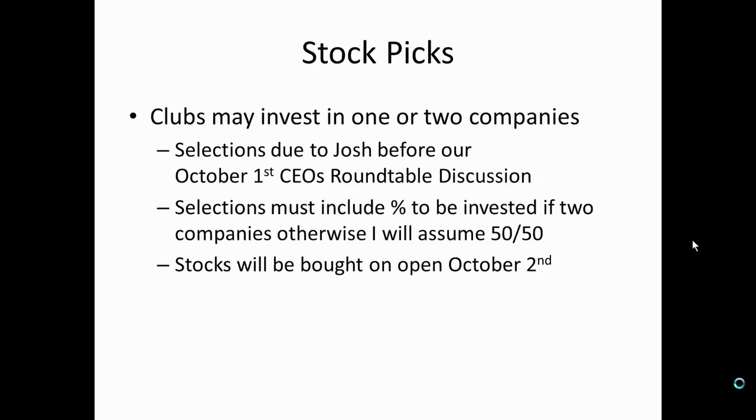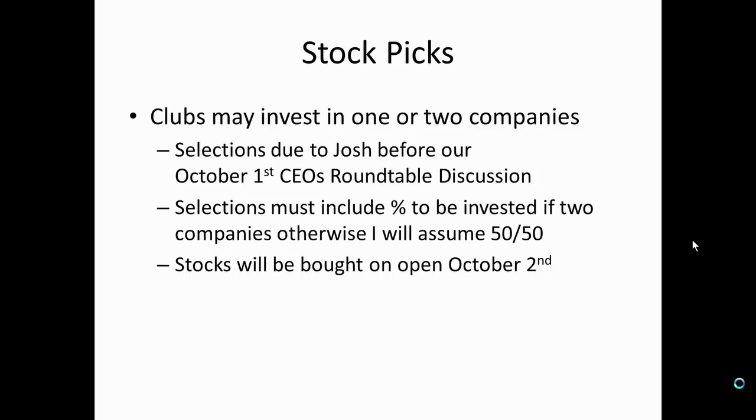So next week is an investment club week. You as an investment club need to get together and decide when and where you're going to meet and who's going to do what. And you have to decide which one or two of the companies in this list you want to invest in. Selections are due to Josh before our October 1st CEOs roundtable discussion.